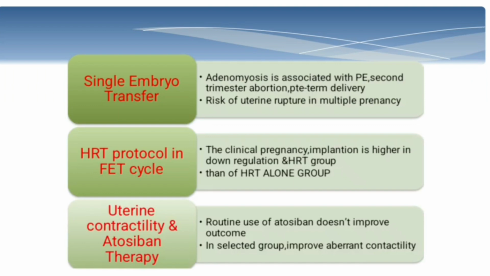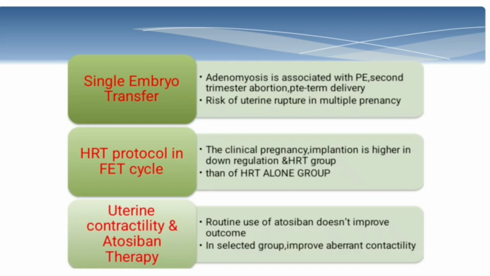Adenomyosis is associated with preeclampsia, second trimester abortion, preterm delivery, and it increases the risk of uterine rupture in multiple pregnancy. That's why we do only single embryo transfer in case of adenomyosis.